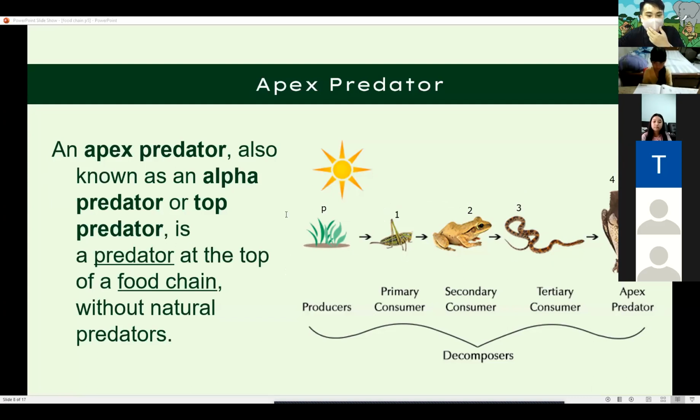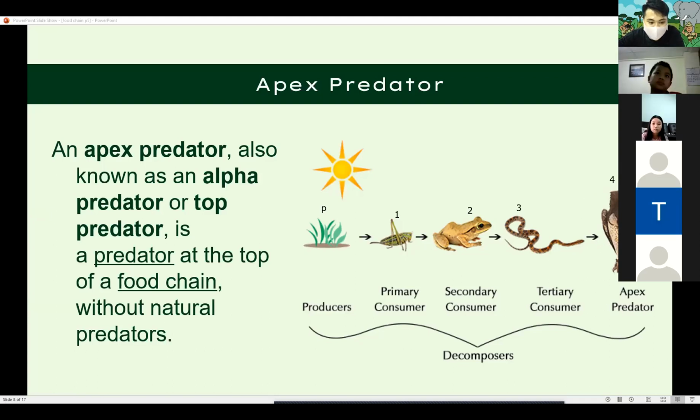If you say alpha, these are like the boss, okay? Because this kind of predator is the last of the food chain. It means no one will eat them. Did you understand? This is like the boss. No one can eat them. Can the grasshopper eat this kind of bird?